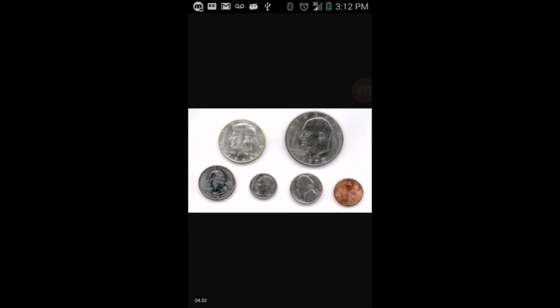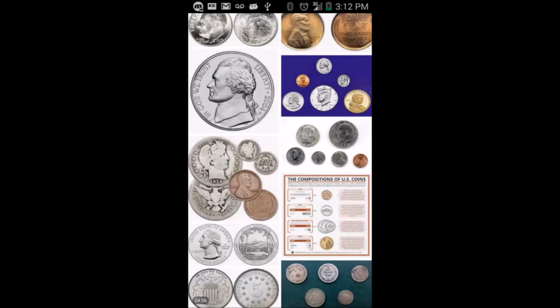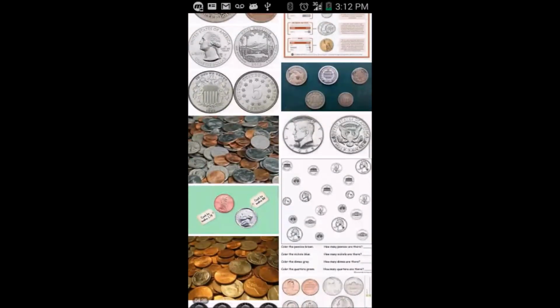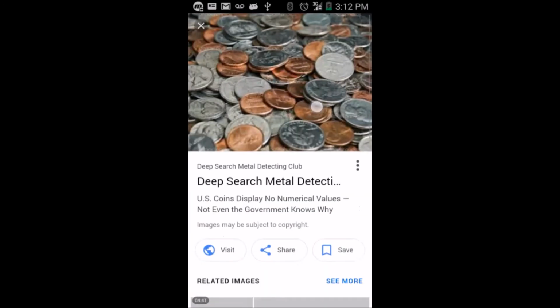As you can see, now you have lots of coins in the United States dealing with currency. But I don't know, brothers and sisters, have you ever peeped this out? You start from 1 cent, then 5 cent, 10 cent, and then the quarter, going from the quarter to the 50-cent piece, and going on up.